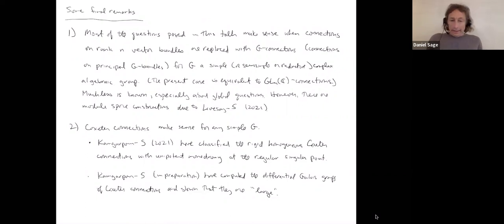No, it's a practical matter, in the same way that we restrict to frameable connections as opposed to all connections, because that allows one to construct explicit moduli spaces in a way which I don't know how to do in general.